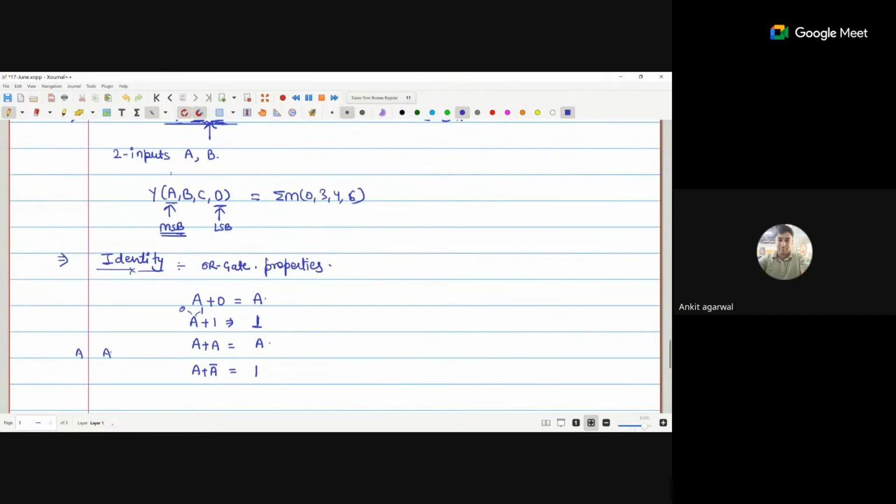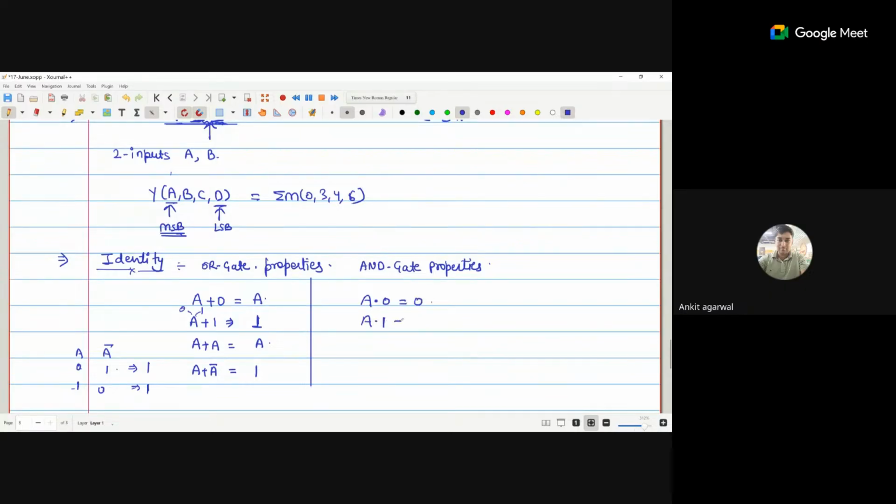If A is 0, A bar is 1, and if A is 1, A bar is 0. The OR gate of A 0 1 is 1 and 1 0 is again 1, so it's always 1. Similarly, with the AND gate properties: A dot 0 is always 0.